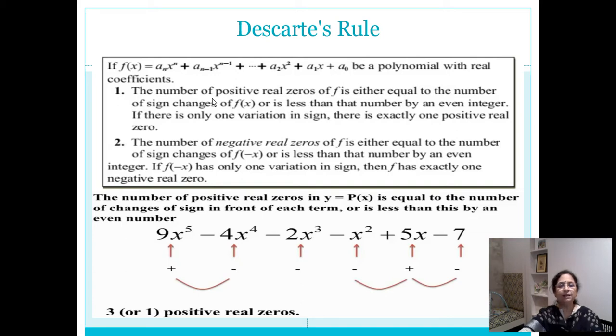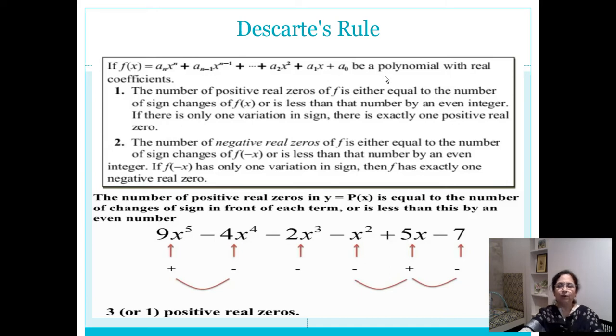Now this is the maximum number of positive real roots, so this is a prediction, or these are the possibilities for the number of real roots. They can practically be less by an even integer. So if we identify say 4 positive real roots, it is not mandatory that there will be 4. They may be 4 or 2 or 0. So they can be lesser than this predicted number. So these are the maximum possible positive real roots.